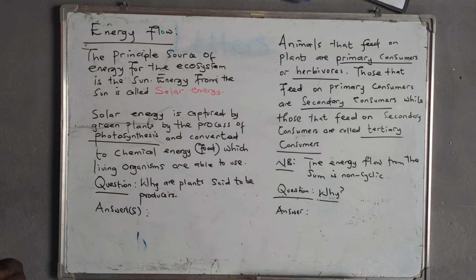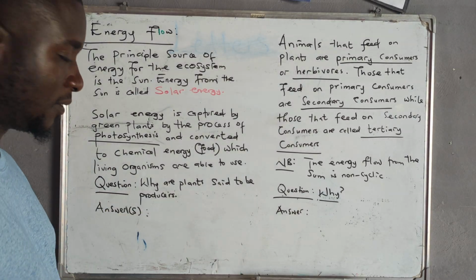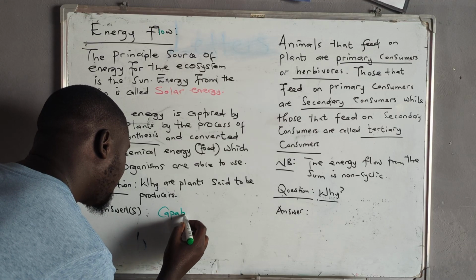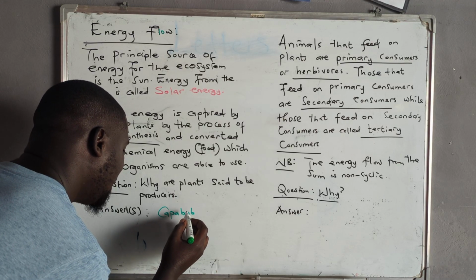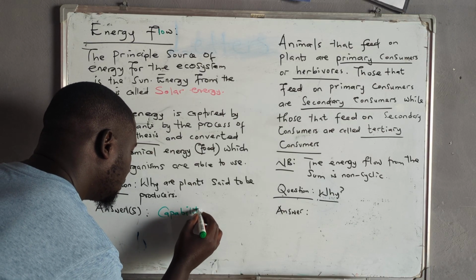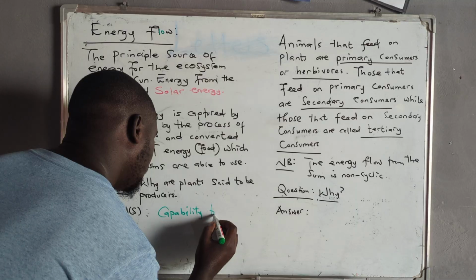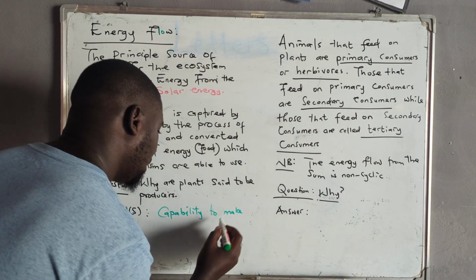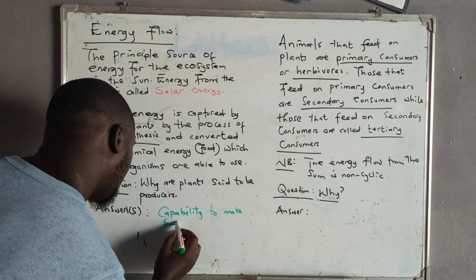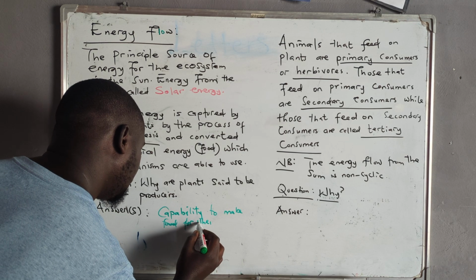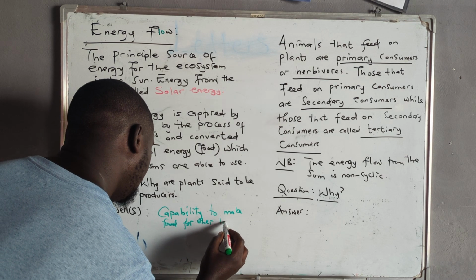So the plants are called producers because of their capability to make food for other living organisms.